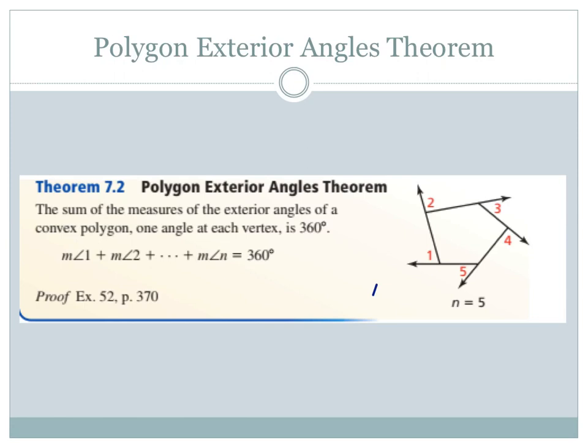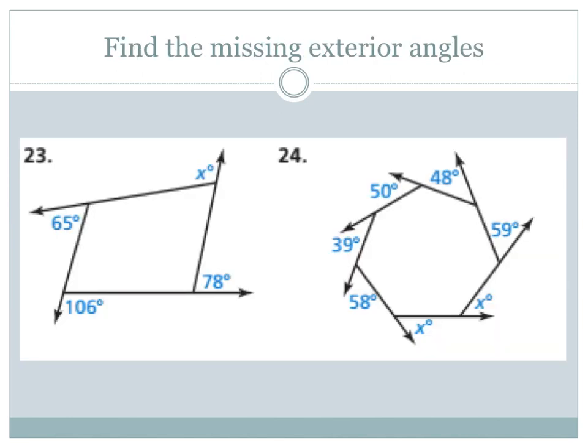The next one tells me it's our exterior angles theorem. This is important because it tells me the sum of the exterior angles is 360. So every single one of the exterior angles has to add up and equal 360. I'm only dealing with exterior angles, so I know that I can add them together and they'll all equal 360.